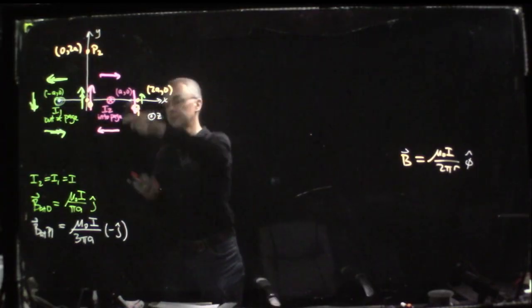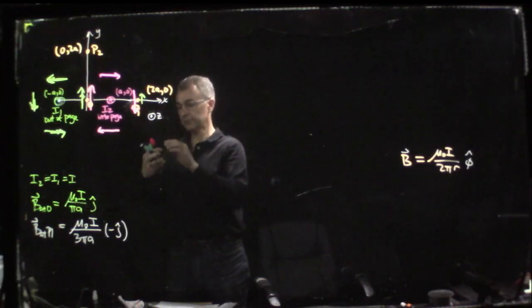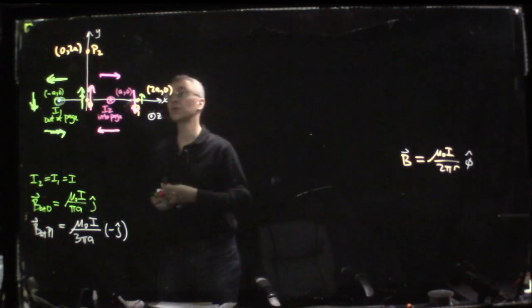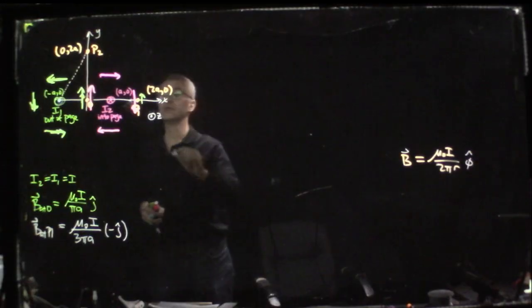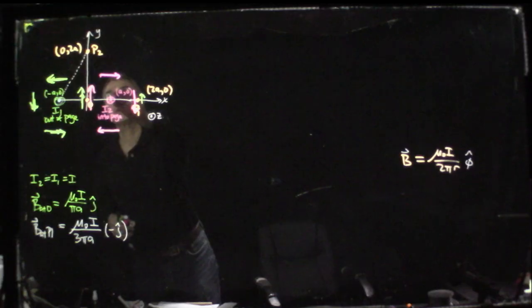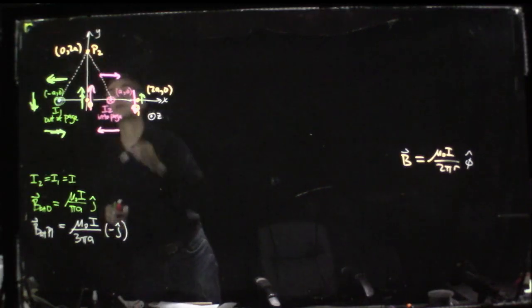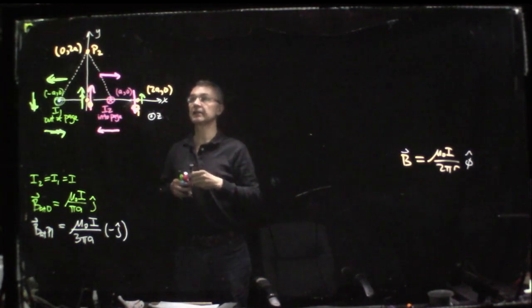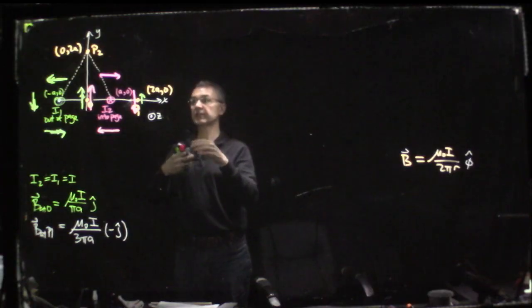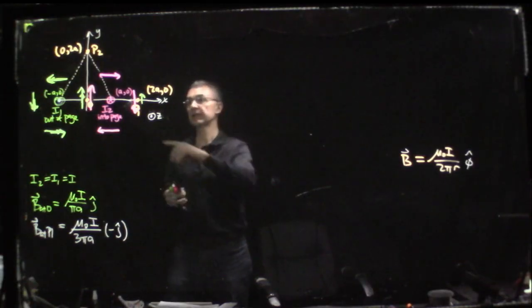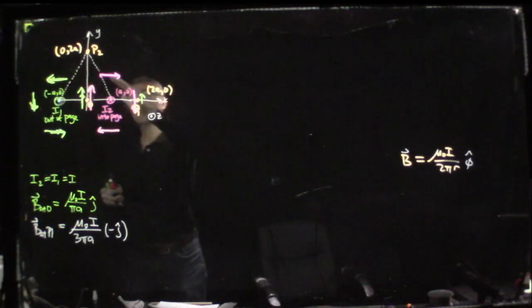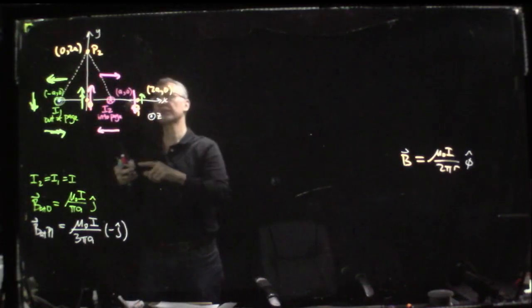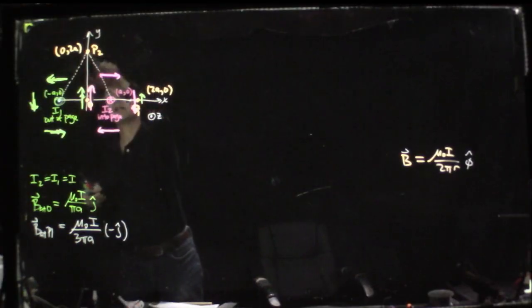Okay, now at this point P2, to get from current 1 up to P2, we go 1 unit to the right and 2 units up. And to get from I2 up to P2, we go 1 unit to the left and 2 units up. And this contribution from I1 is again going to be counterclockwise and perpendicular to this radius vector.